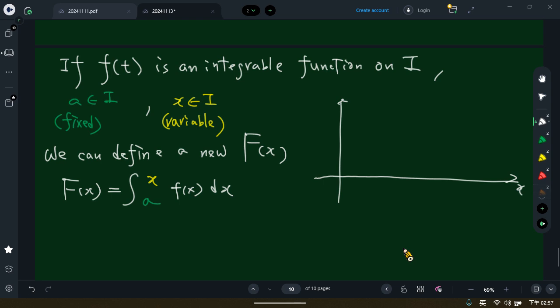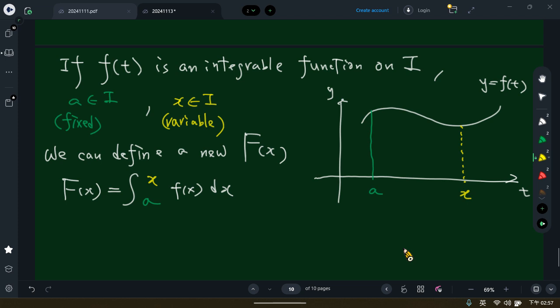Suppose it should be t, just because s we will use for other purposes. So here y is equal to f of t, right? Then we have a fixed point a. This is fixed, but x is variable, is dynamic. So a is fixed, but x is movable. Maybe here, and here, and maybe here. Okay. So we define a new big F of x.